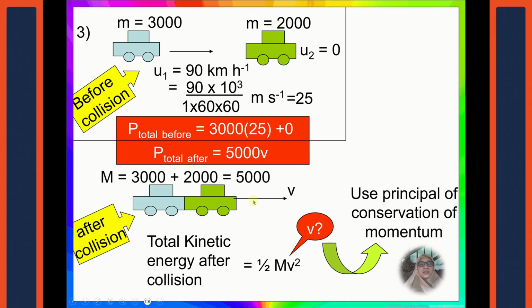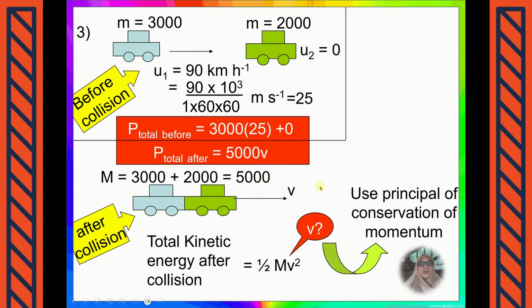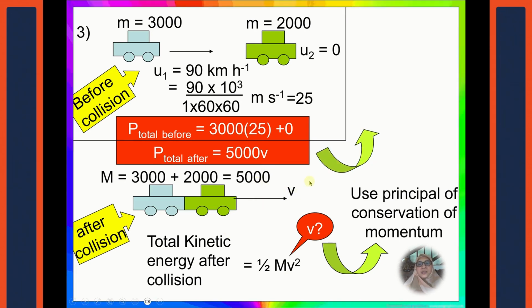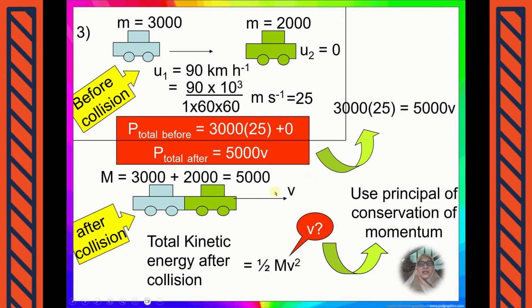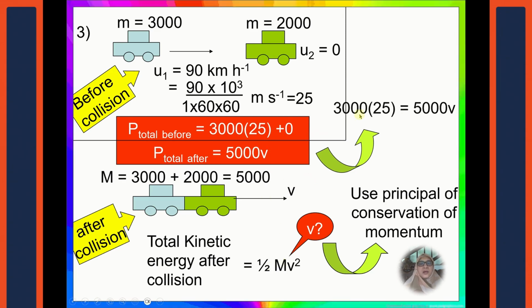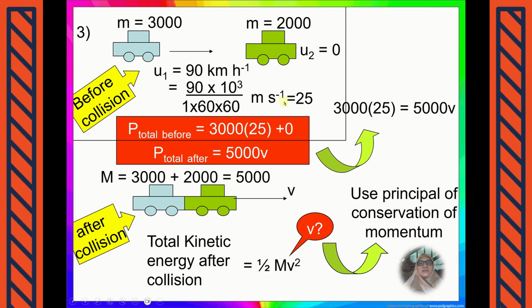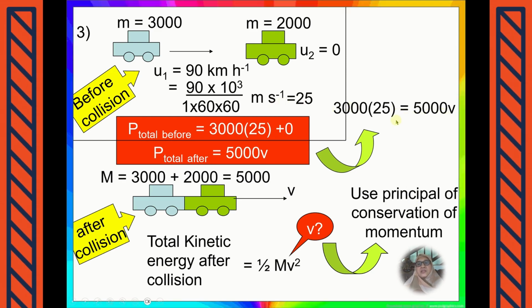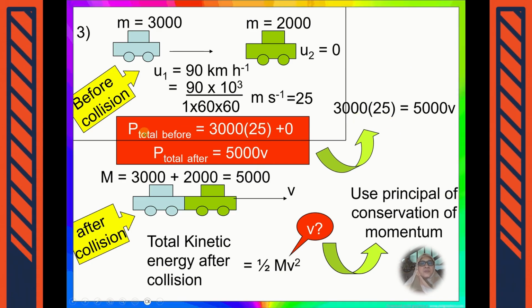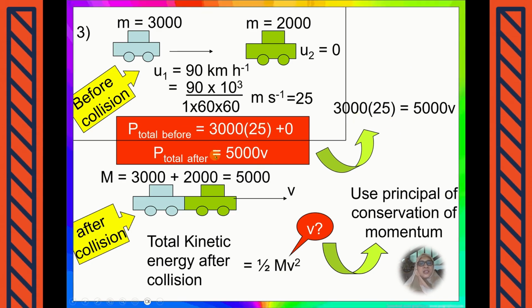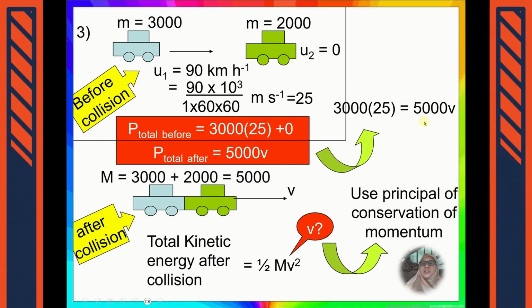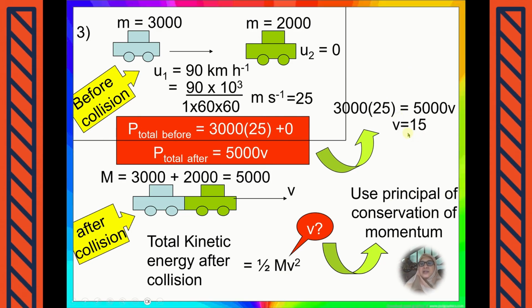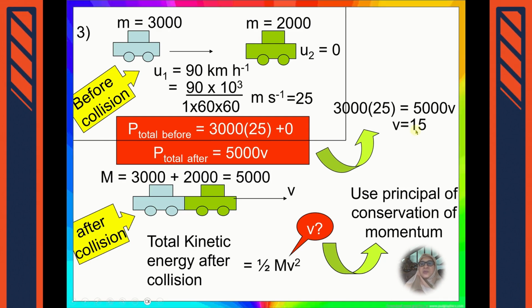So we equate both: 3,000 times 25 equals 5,000 v. Total momentum before equals total momentum after collision, and we get v equals 15.